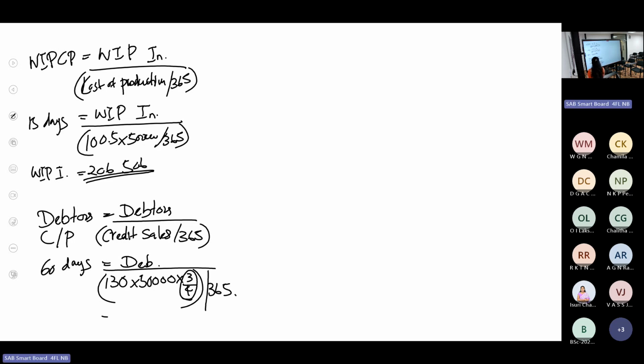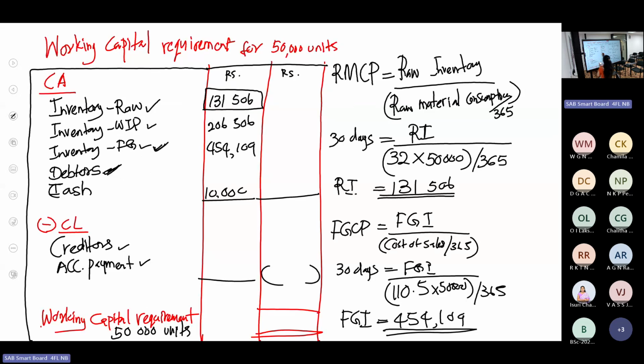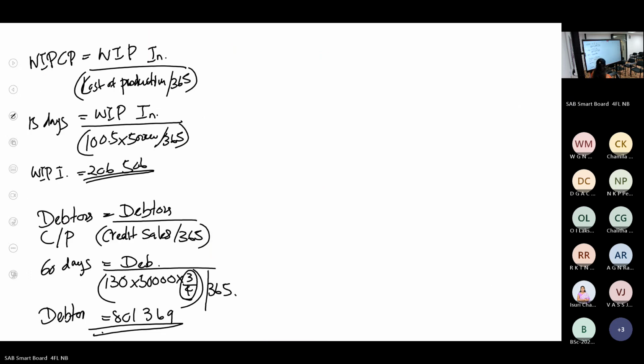The answer is the debtor balance is $801,369. Is this correct? $801,369. Debtor balance.